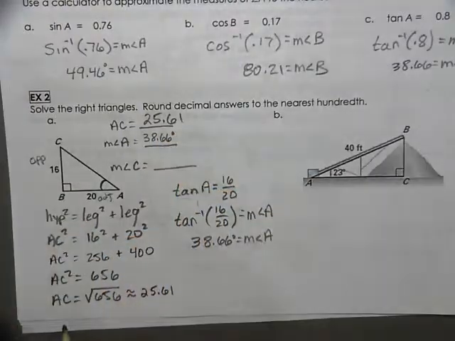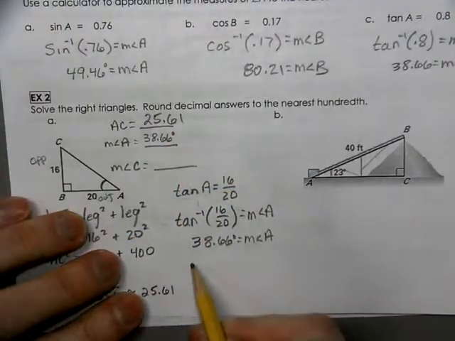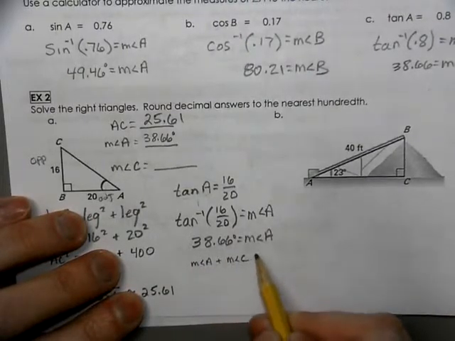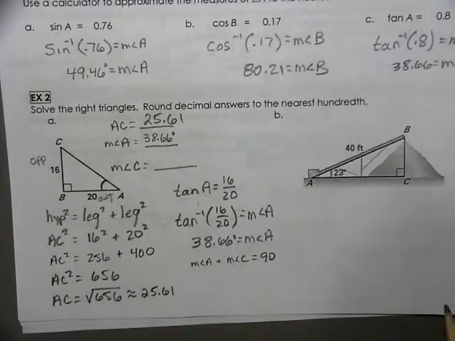Okay? So now, if angle A is 38.66 degrees, to figure out the measurement of angle C, one way you could do it is to know that the two angles are complementary.